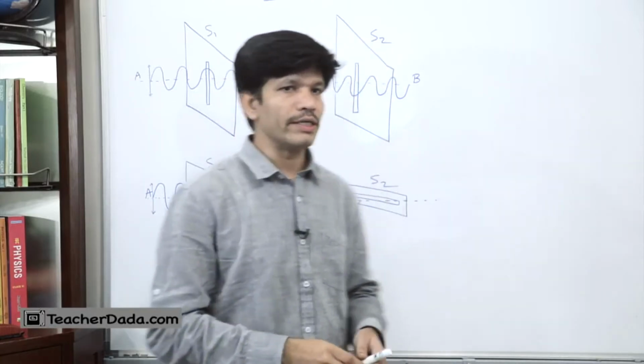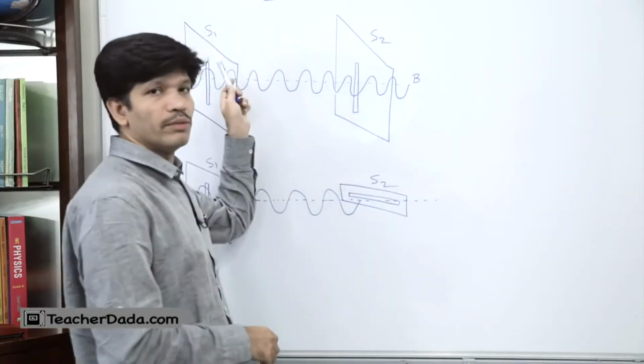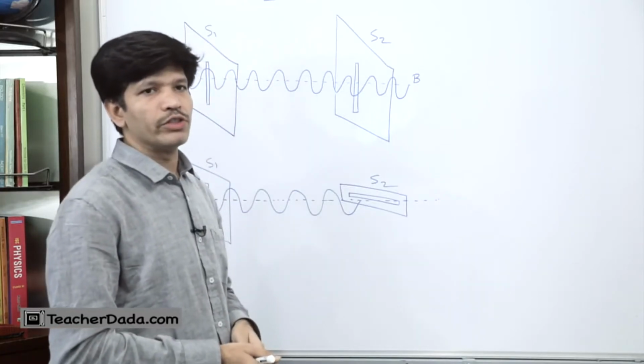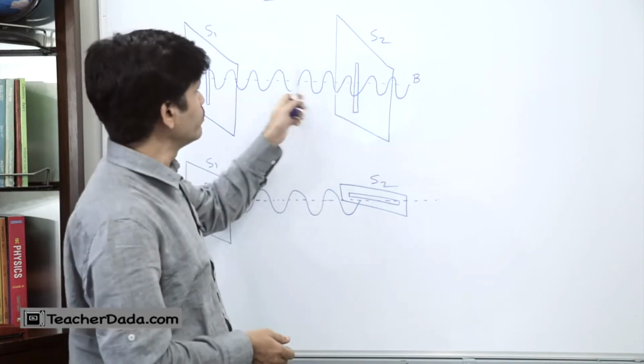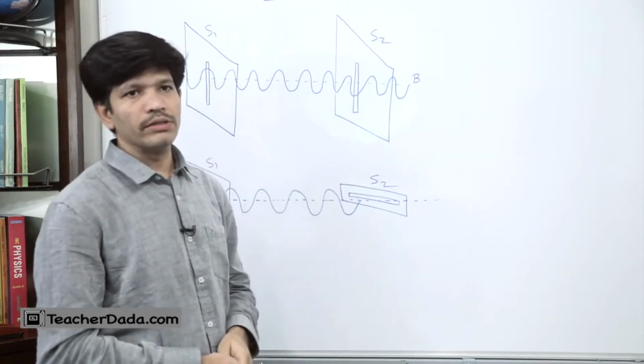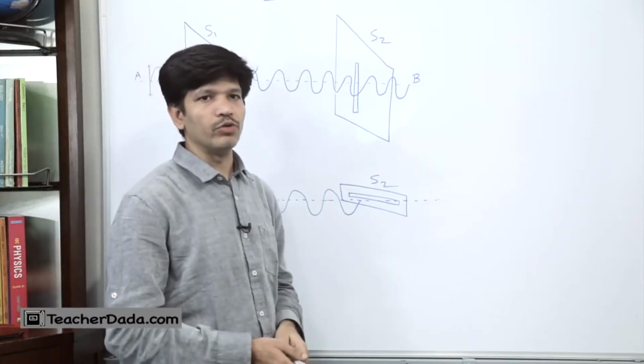Now if the slit S2 is parallel to the slit S1, the vibrations pass through S2 and reach the person at B with undiminished amplitude.